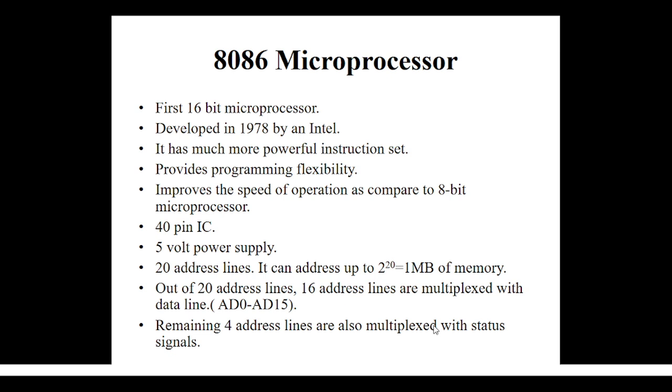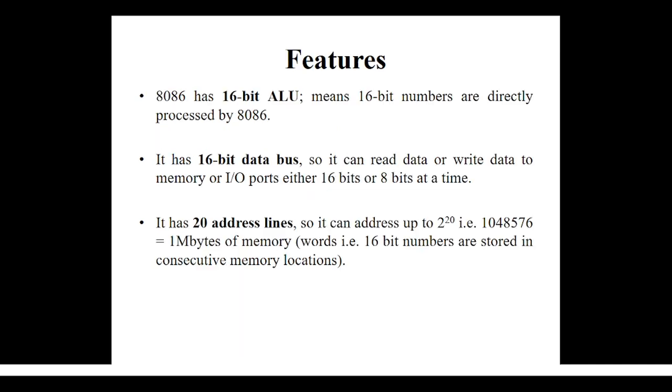In the case of the 8086 processor, it consists of 20 address lines and 16 data lines, that is a 16-bit data bus. As the size of the microprocessor is 16 bit, it has a 16-bit data bus and can perform operations on 8-bit as well as 16-bit data.